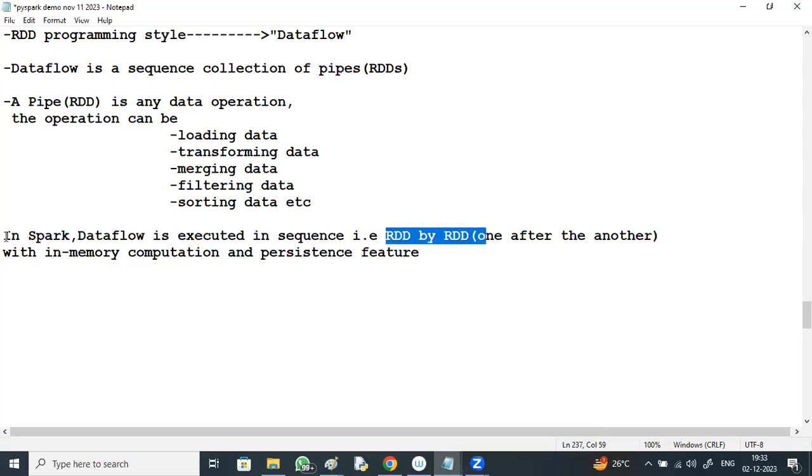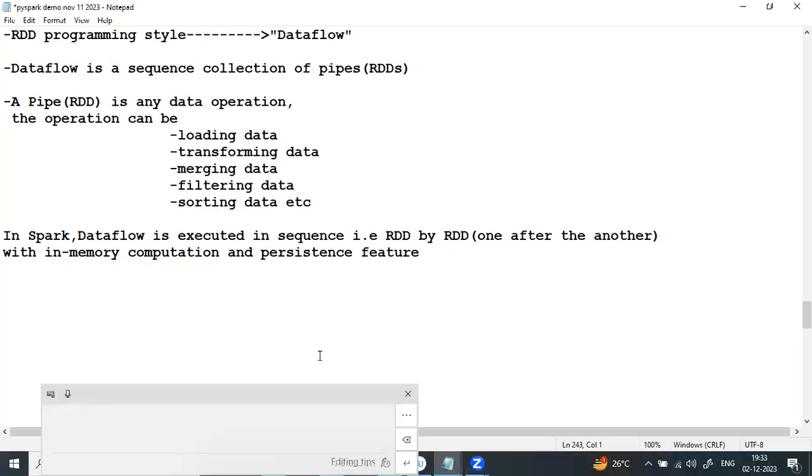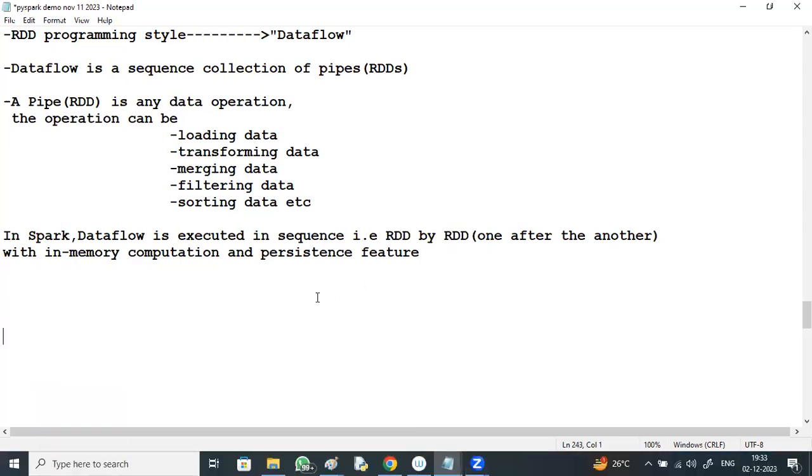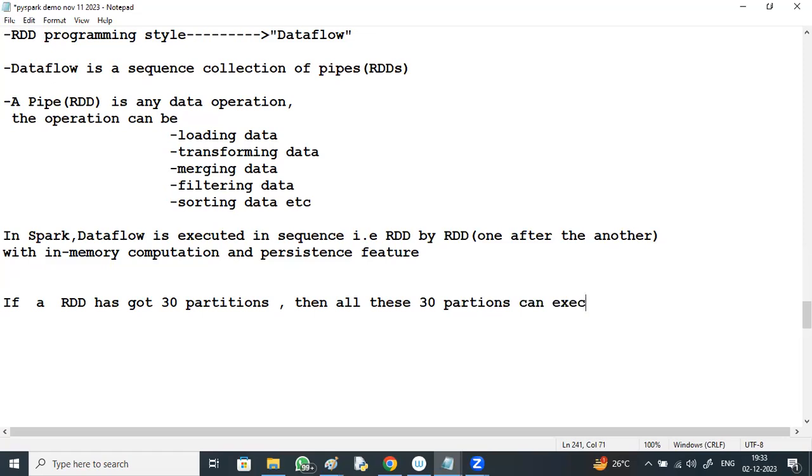Observe: if an RDD has 30 partitions, then all these 30 partitions can execute in parallel.